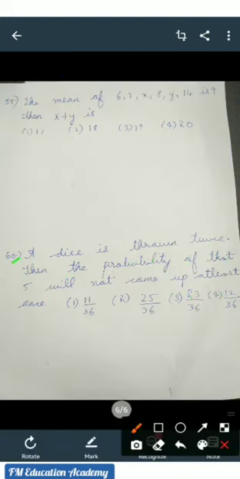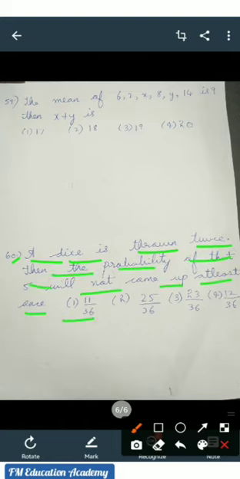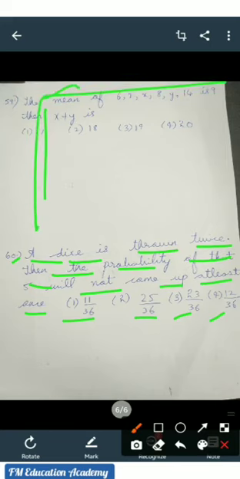Next, 60th question. A die is thrown twice, then the probability that 5 will not come up at least once. Is it 11 by 36, 25 by 36, 23 by 36, or 12 by 36? Remember that table which you have, in which you have 1,1, 1,2, 1,3, 1,4, 1,5.